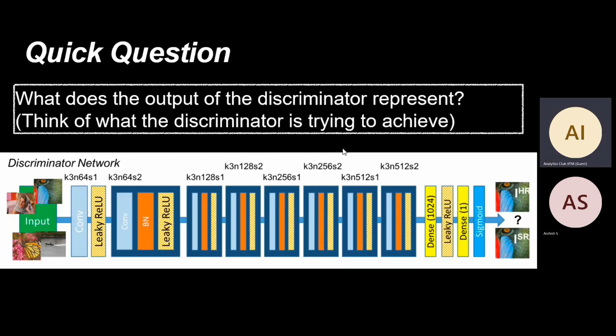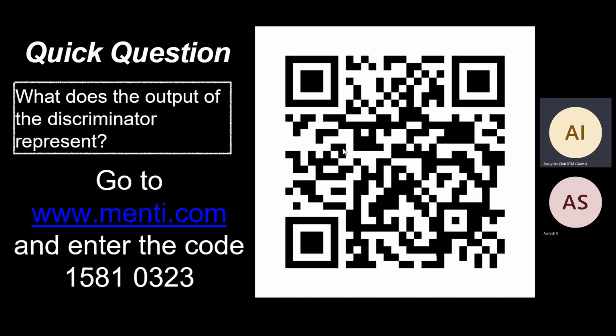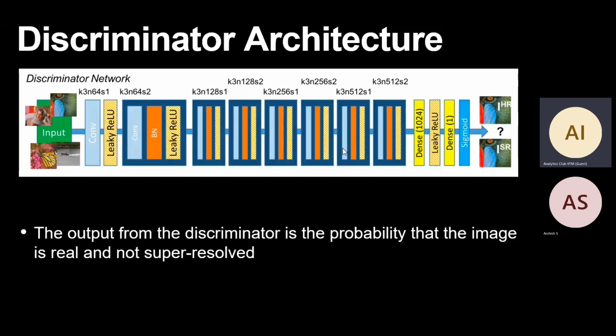Yeah, basically the output is the probability that the image is real and not something that we blew up the size of. That's what the discriminator's probability represents. Any doubts with the discriminator architecture?